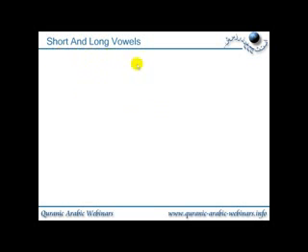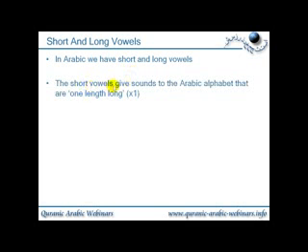Short and long vowels in Arabic. So in Arabic we have short and long vowels, so some of them give long sounds and some of them give shorter sounds. The short vowels give sounds to the Arabic alphabet that are one length long. So our notation is going to be this times 1, and we'll have this in our webinars to indicate that you should only pronounce it one long.